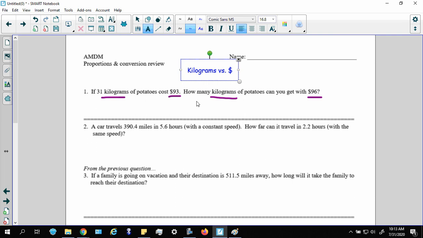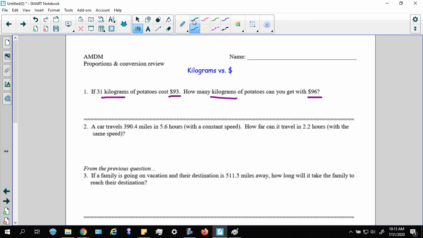So at this point, I'm going to put kilograms over money. Now, I'm just showing you what I'm doing. You don't necessarily have to write it, because you should know what you're doing since you're doing the work. But I'm just going to do kilograms over money.